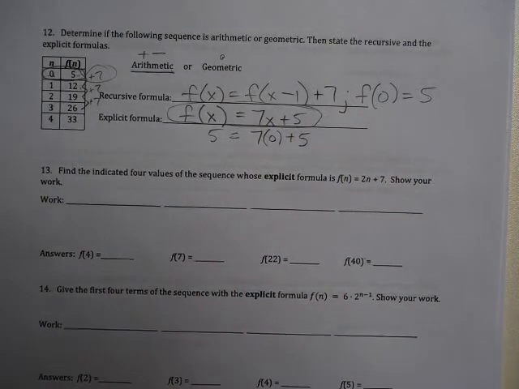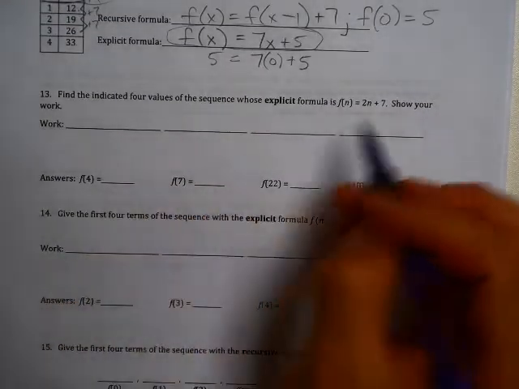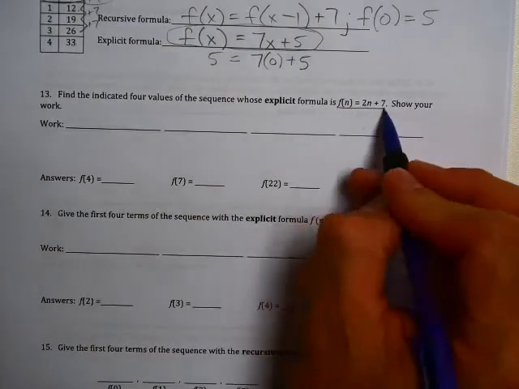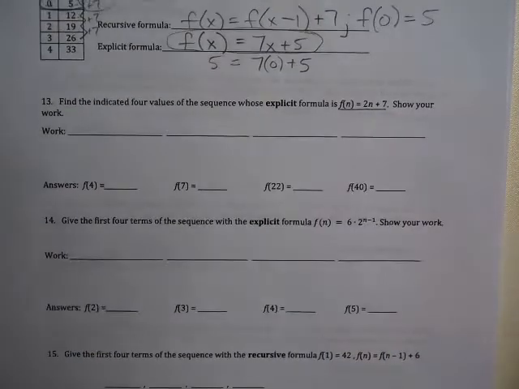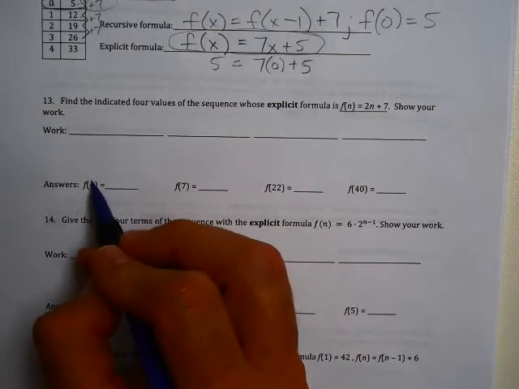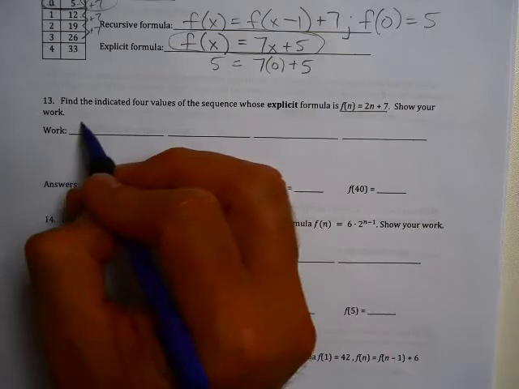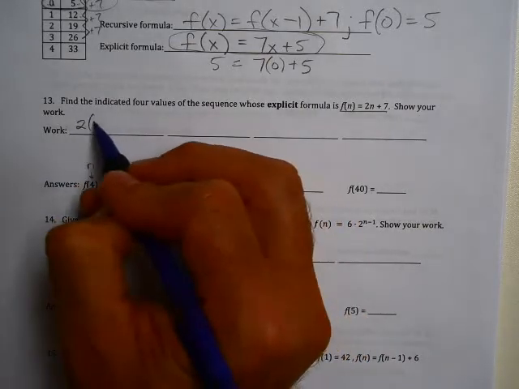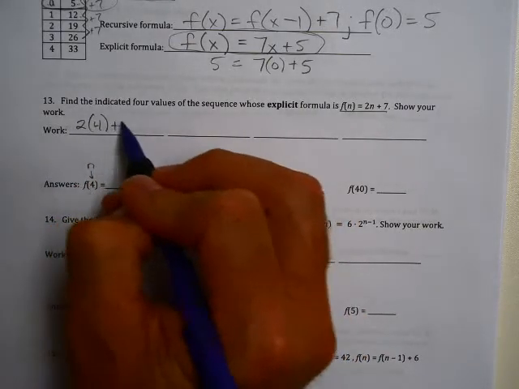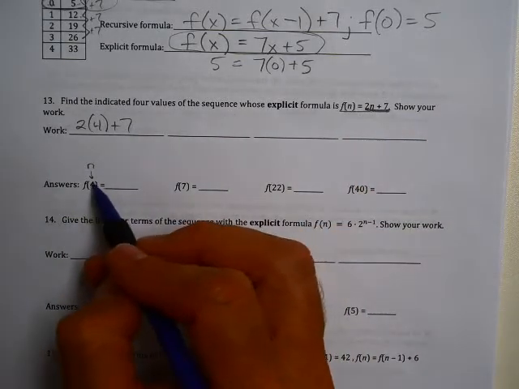All right, 13. They're giving us some values here. What they want us to do is simply plug it into here. Now this is a main idea in mathematics. The way they write it is this is the n value. So I'm going to say 2 times 4 plus 7. So I'm taking this part of the value and I'm plugging in the 4.